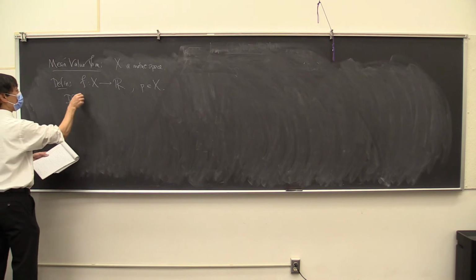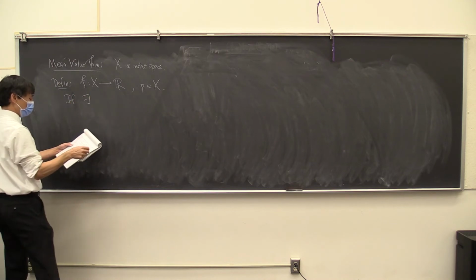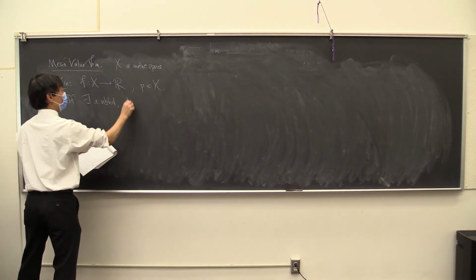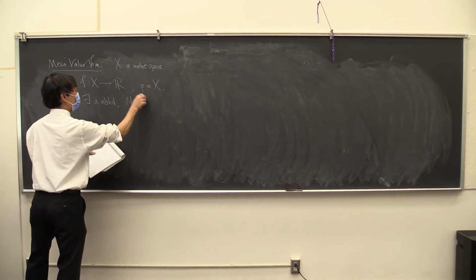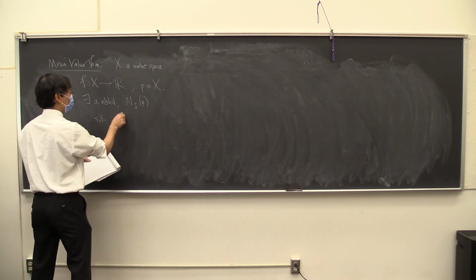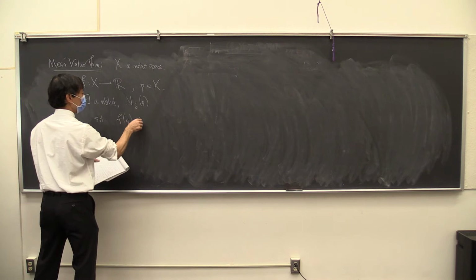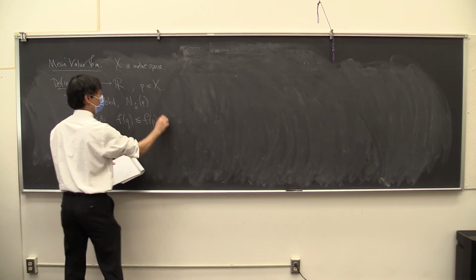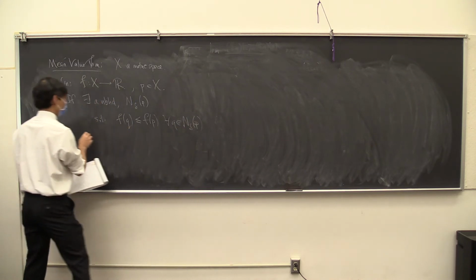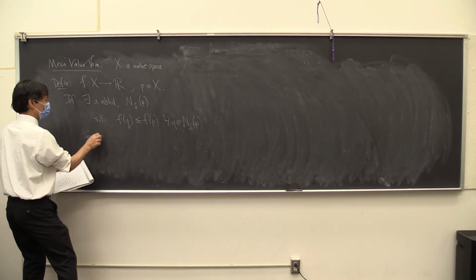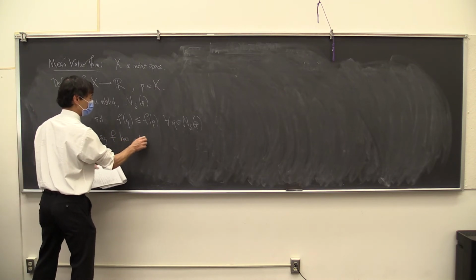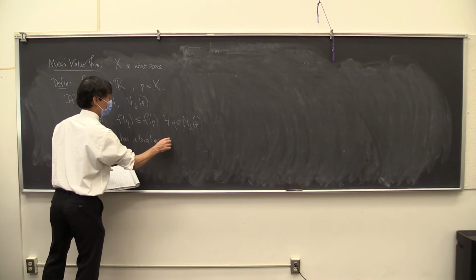So if there exists a neighborhood N delta of p, such that f of q is less than or equal to f of p for all q in that neighborhood, then we say f has a local max at p.